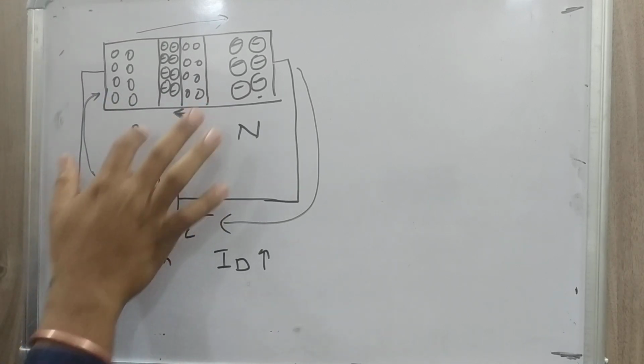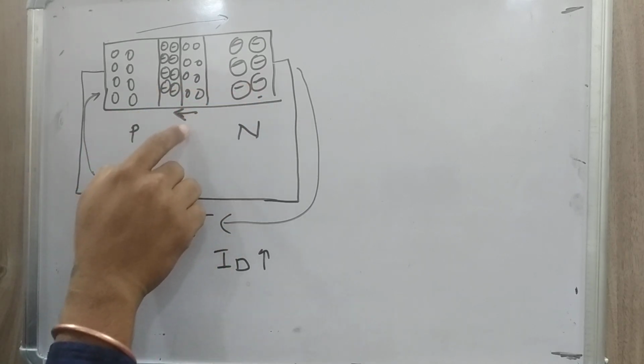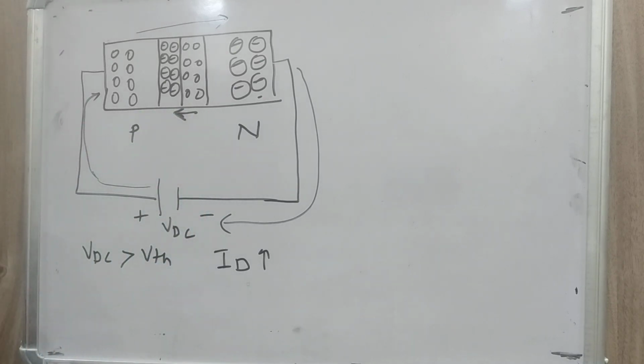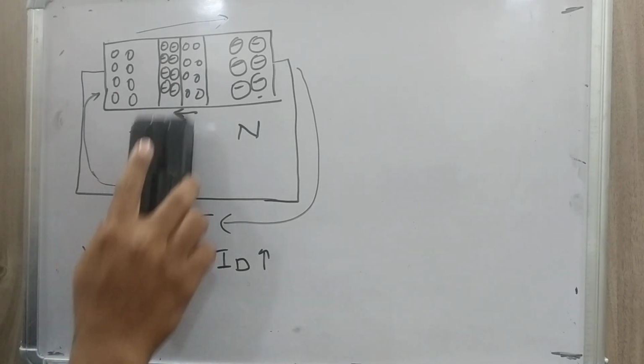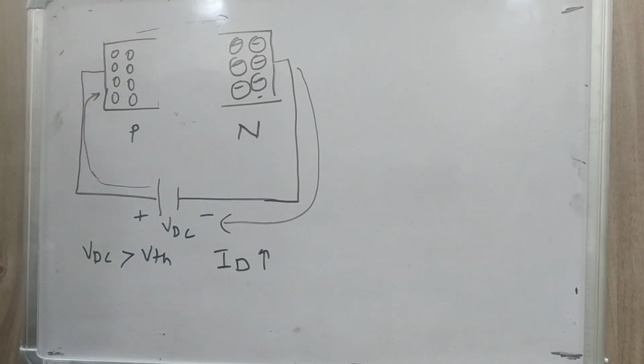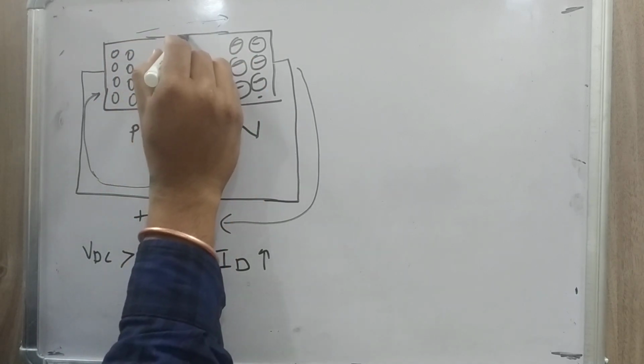Because the electric field set up by the depletion layer is very negligible, and it is vanished by the electric field set up by the external supply voltage. For the sake of simplicity, I will remove this depletion region, as it is minimized by the application of the external supply voltage.